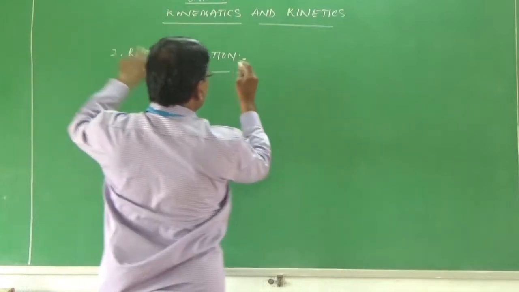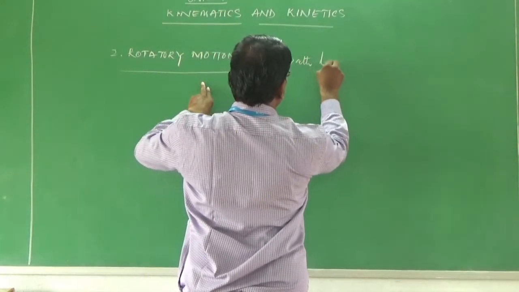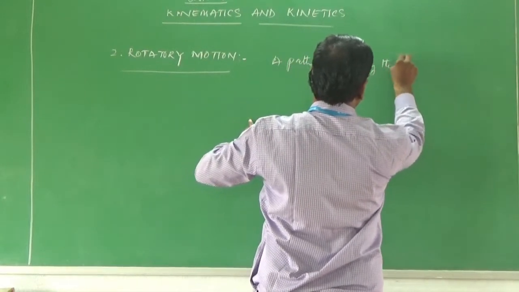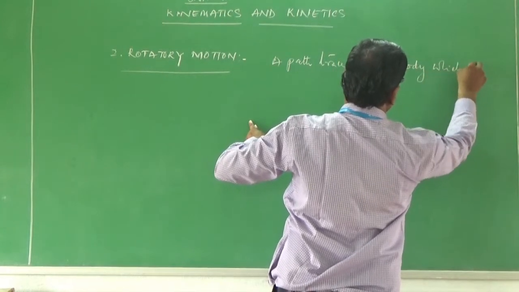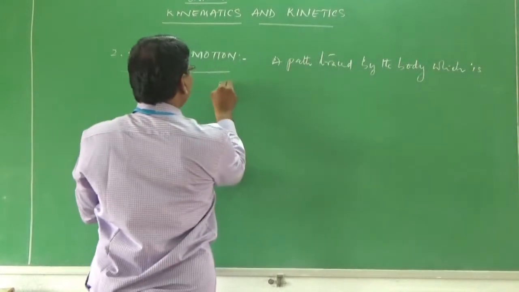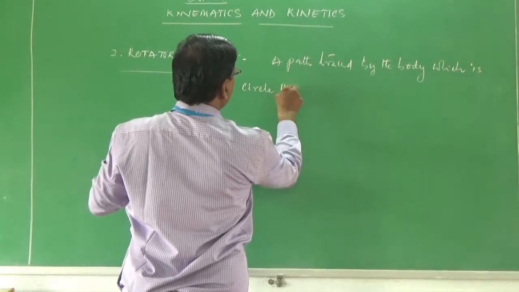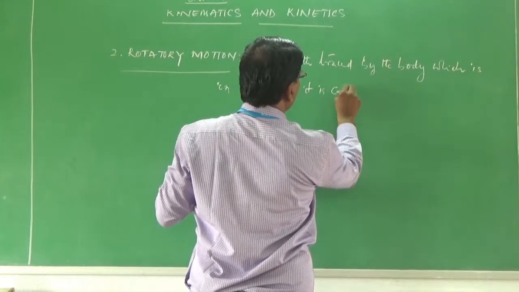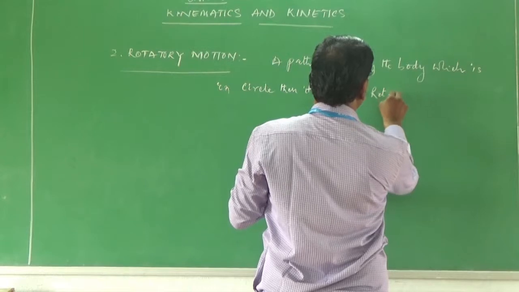A path traced by the body which is in a circle is called rotatory motion.